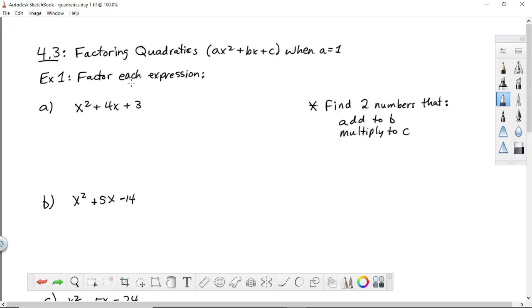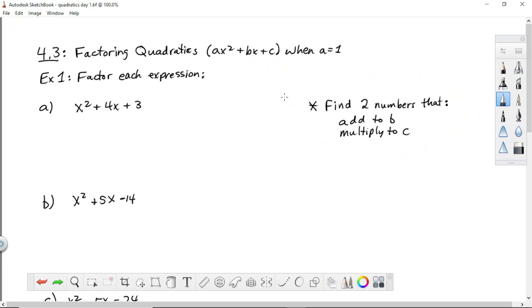We have factor each expression, so the first one is x squared plus 4x plus 3. Okay, the approach is, like we have over here, find two numbers that add to b, which is the coefficient of x, and multiply to c, which is the constant.